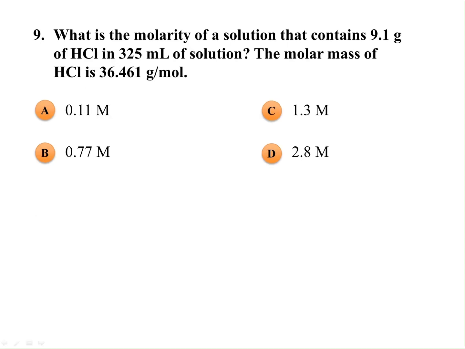What is the molarity of a solution that contains 9.1 gram of HCl in 325 ml of solution, and the molar mass of HCl is 36.4 gram per mole?